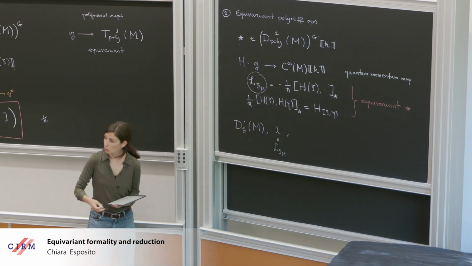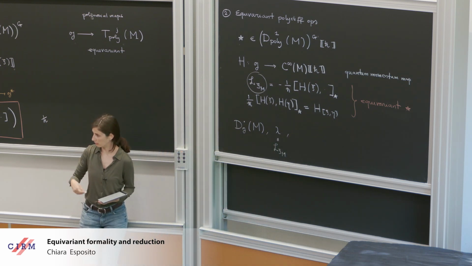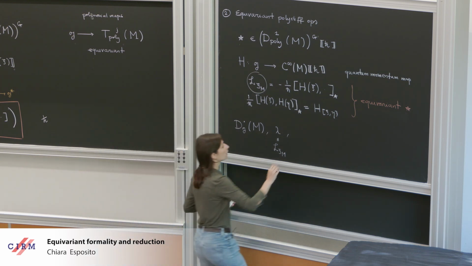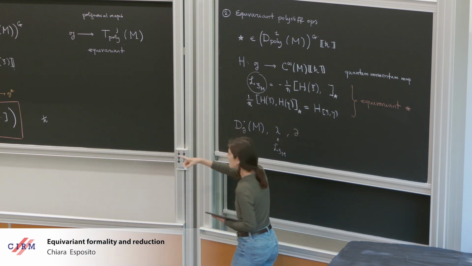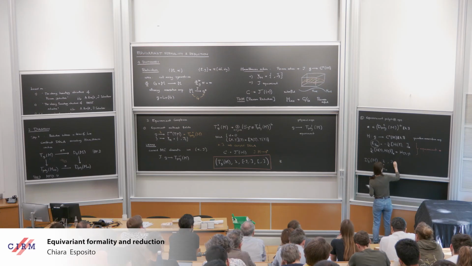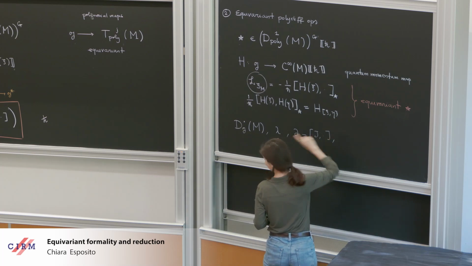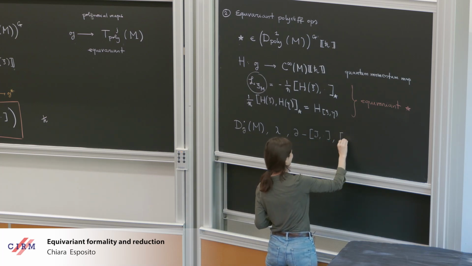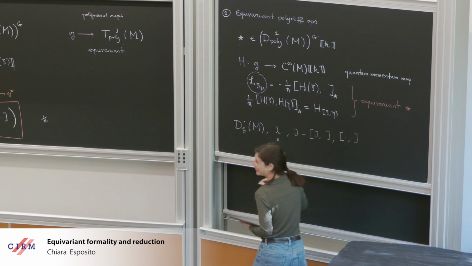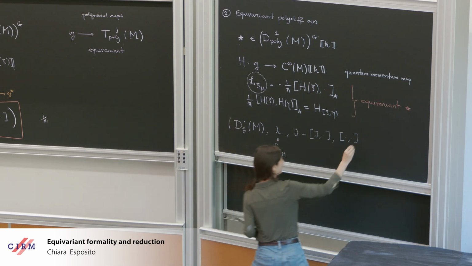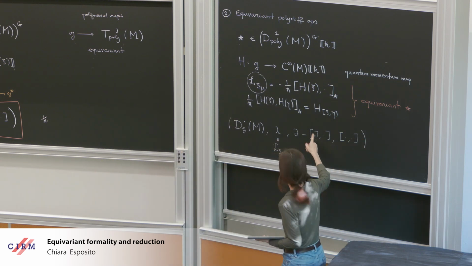Now here, you remember we are in the D poly case, so we have the Hochschild differential. And also in this case, we twist it. Why J?